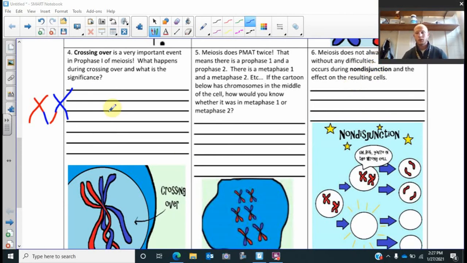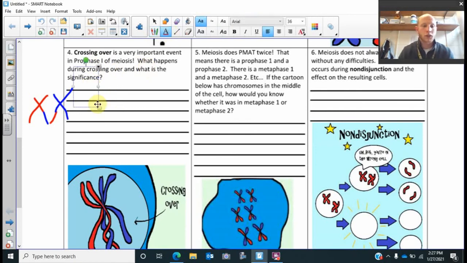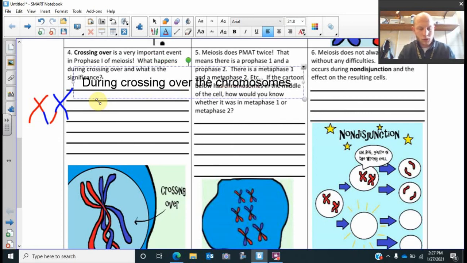Okay, so we're going to talk about comparing and contrasting that stuff. So what happens during crossing over, and what's the significance? During crossing over, the chromosomes swap DNA.